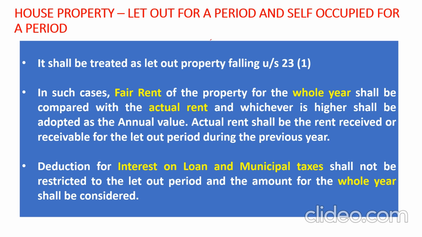Actual rent shall be the rent received or receivable for the let out period during the previous year. So fair rent is for the whole year, whereas the actual rent is for the period for which it is actually let out. Deduction for interest on loan and municipal taxes shall not be restricted to the let out period, and the amount for the whole year shall be considered.